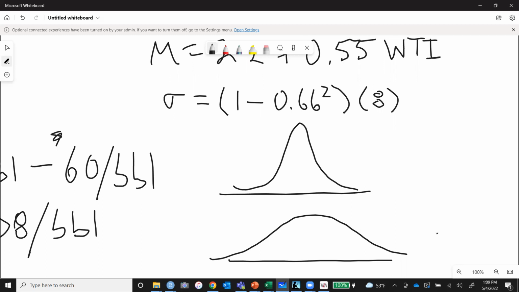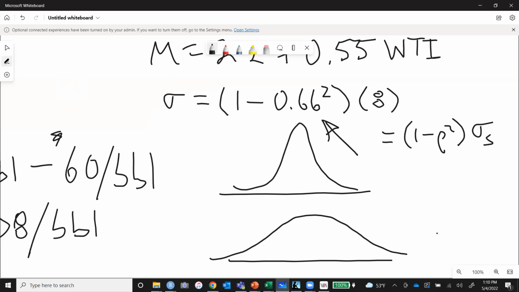So what ends up happening, the model sigma, which is that sigma right there, takes into account the relationship between spread and WTI. That's the what? Correlation. That's for spread.